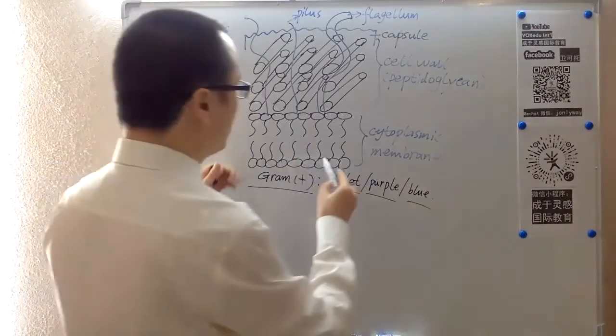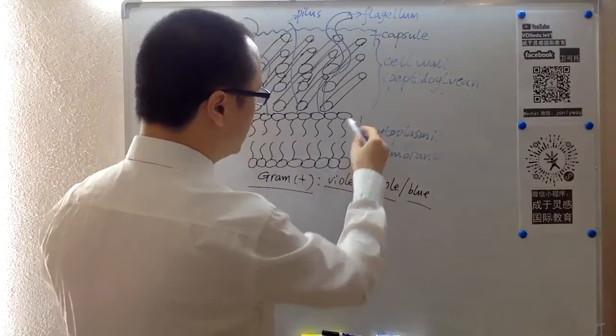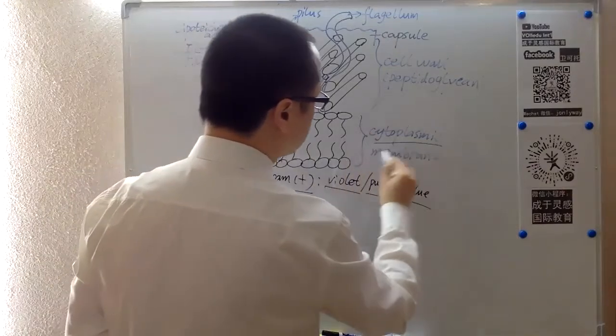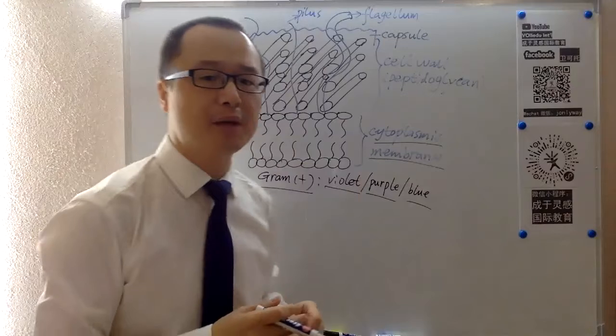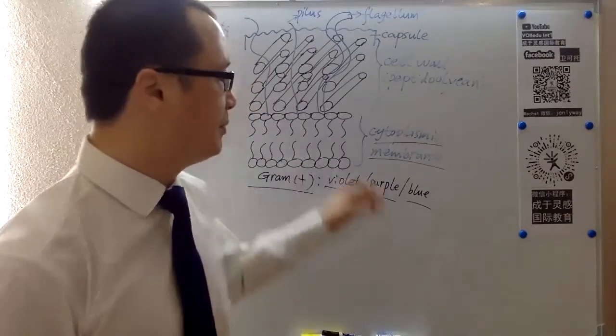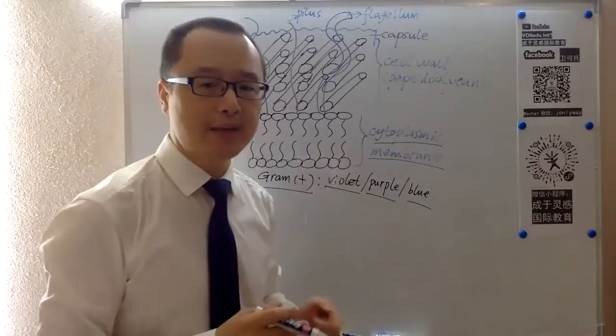Inside, there is the cytoplasmic membrane, a phospholipid bilayer, just like the cell membrane of animals.